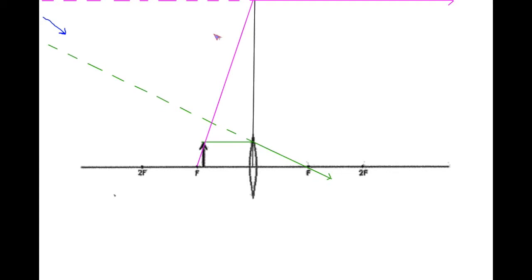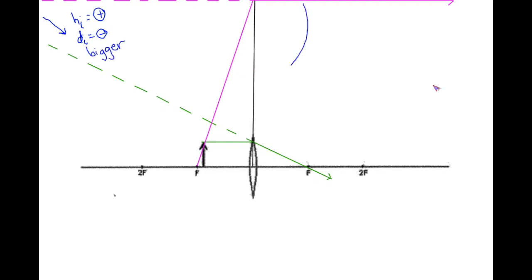But I do know a couple of things about my image without even seeing it. I know that it's going to have a positive height. I know that the distance is going to be negative because it's on the same side as the object. I know that it's going to be bigger than the object.